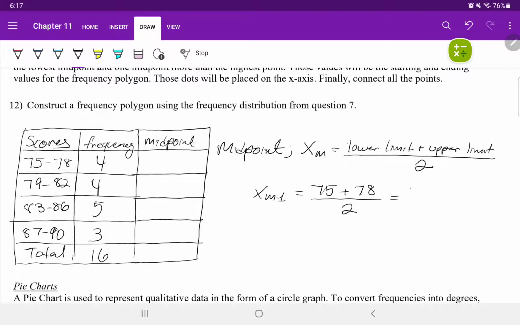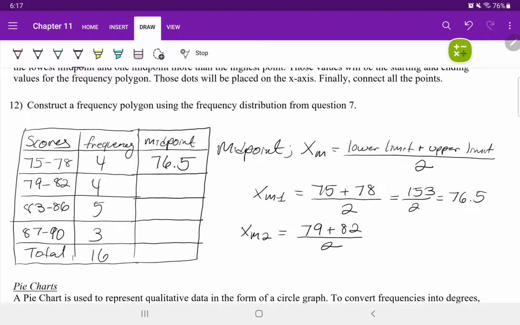75 plus 78 is 153. 153 divided by 2 is 76.5. That is the middle value of that class. Do the same thing for the second class. The lower limit of the second class, which is 79, plus the upper limit of the second class, which is 82, and then you're dividing that by 2.